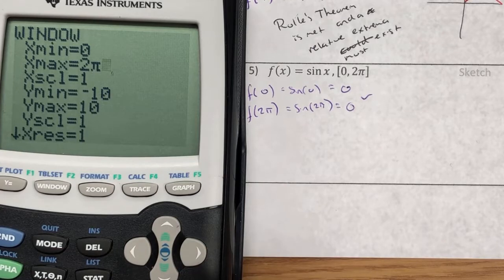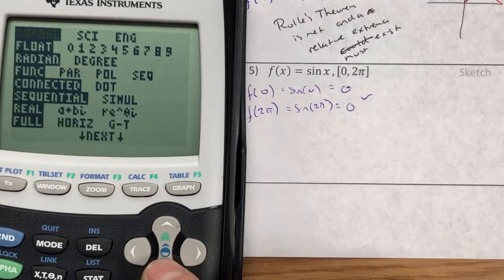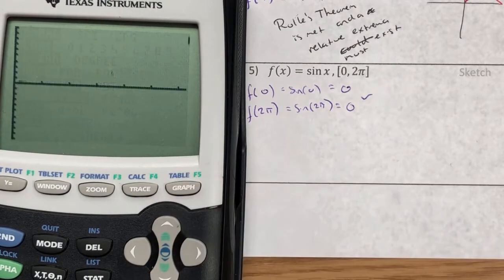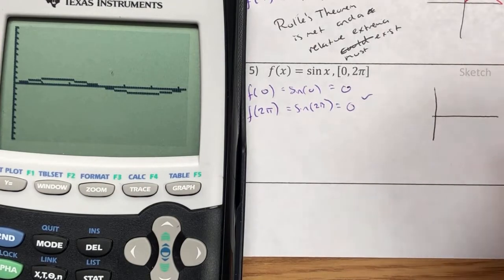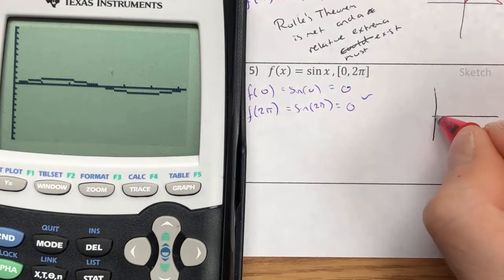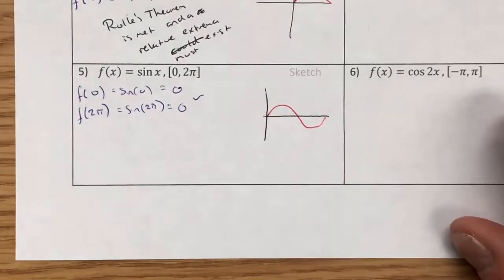I'm also going to double check that my mode is in radians. Yep, and so let's take a peek at that graph. And that's exactly how we thought it would look. From 0 to 2 pi, we have a sine wave that is continuous, differentiable, with no holes, no gaps.